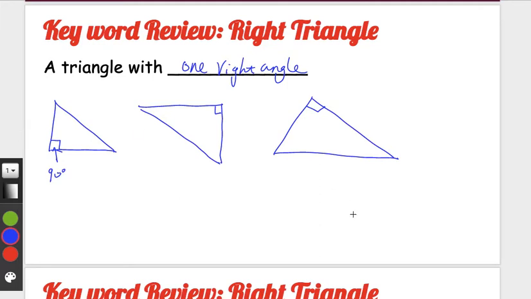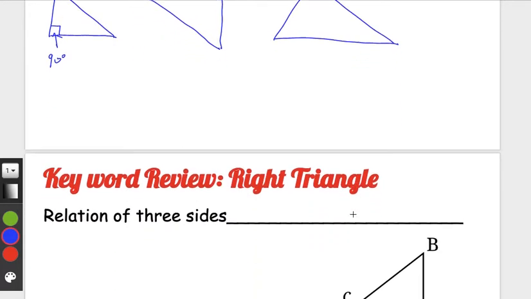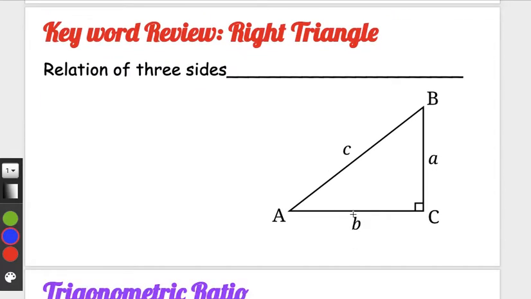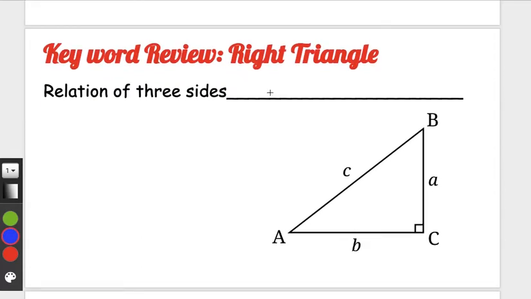Okay, so the next thing for right triangles we're going to review is the three sides of a right triangle. As we know, the three sides of a right triangle always follow a formula. You can definitely pause here to think about what the answer is. The relation of the three sides, I think you probably already got the answer. Yes, you are correct.